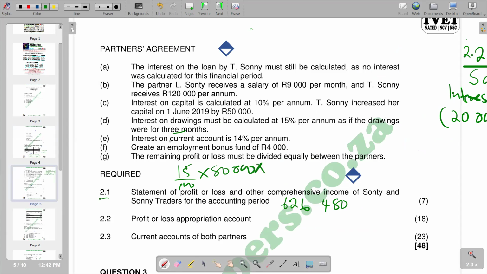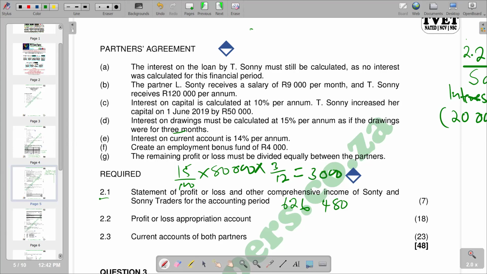And then obviously we are reducing to our 3 months, so multiplied by 3 over 12. Let's see what we get there. So you see that the figure that you are going to get is 3,000 for the first partner.